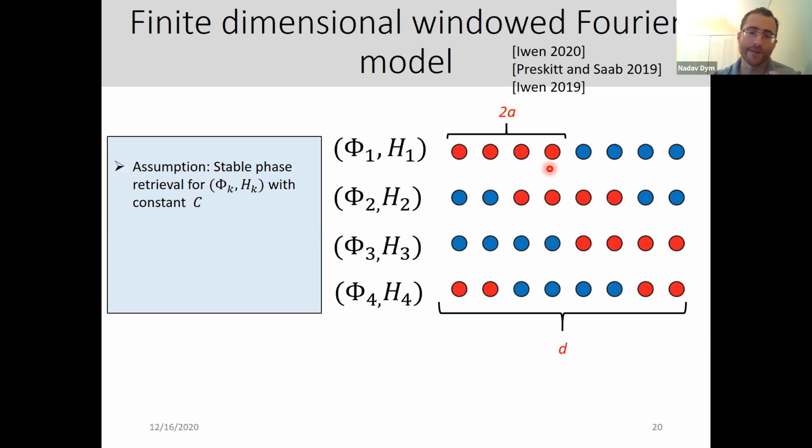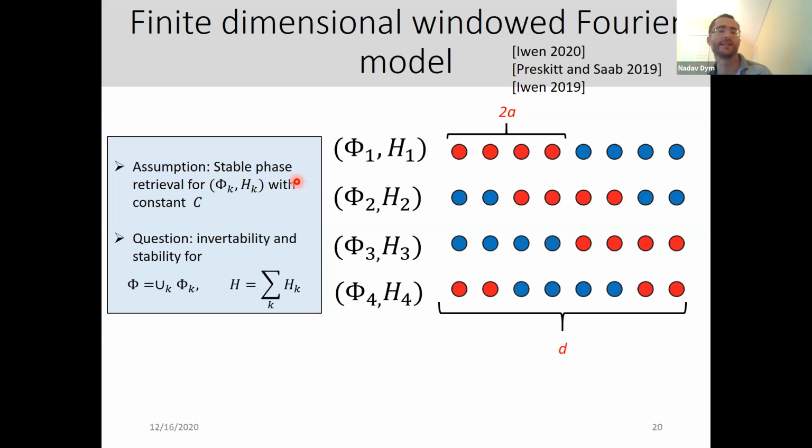So, let's say phi1 is supported on the first 4 coordinates, and as far as the first 4 coordinates are concerned, I can reconstruct them, up to phase, no problem. Then the question is whether I can get stability and invertibility for the union of all these measurements when I consider the sum of all the Hilbert spaces. Okay, so that's the setup.